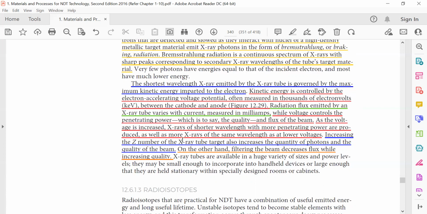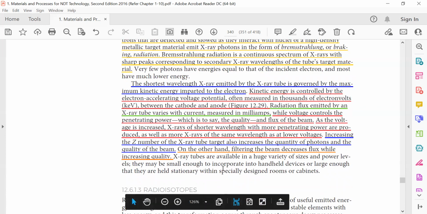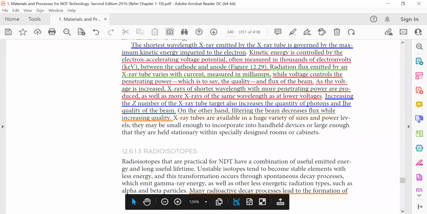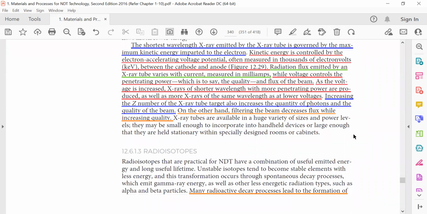Increasing the Z number of the X-ray tube target also increases the quality of the photons and the quality of the beam. On the other hand, filtering of the beam decreases flux while increasing quality. Filtering is discarding the soft X-rays, absorbing them.